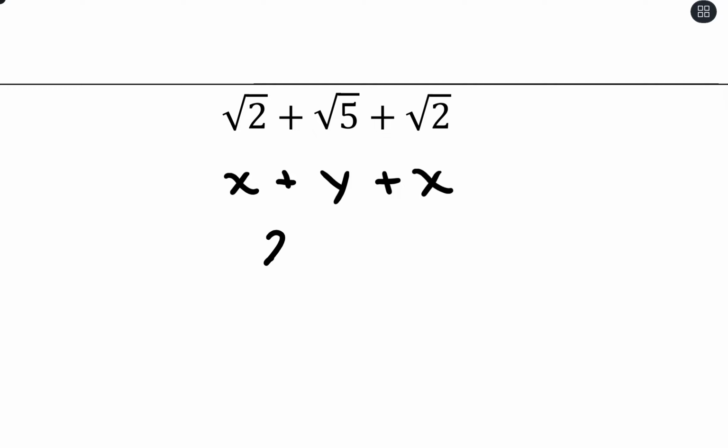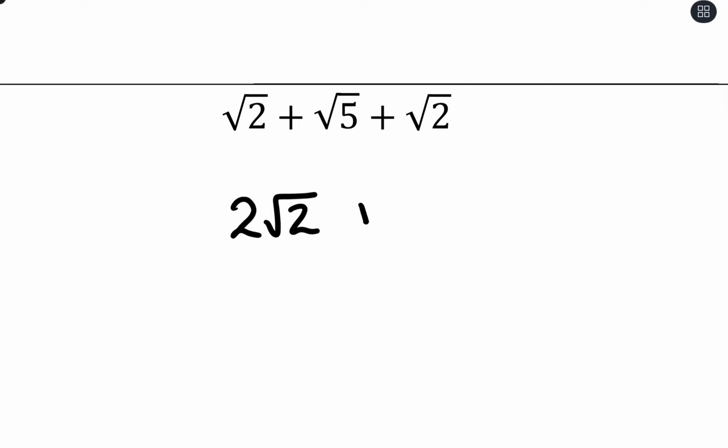Just like how we would call that 2x plus y, we do the same thing here, where I have 2 of those root 2's. So I would have 2 root 2 plus root 5, and they would stay separated because I cannot add those together because they're not like terms. So it's just like adding like terms, but we're looking for same index and same radicand in order to combine them.